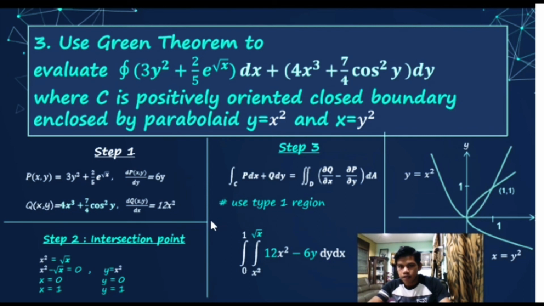Then we get the limits: for dy, x squared to x, and for dx, 0 to 1. So we will do the double integral of 12x squared minus 6y dy dx.